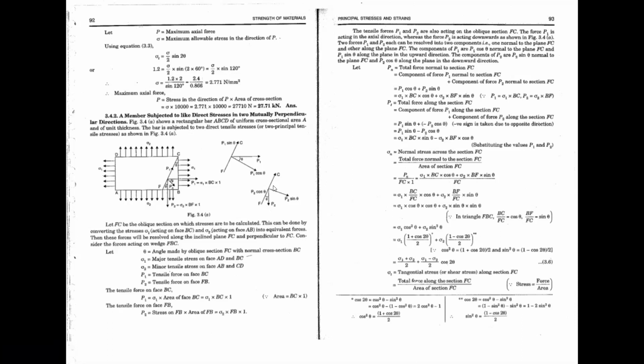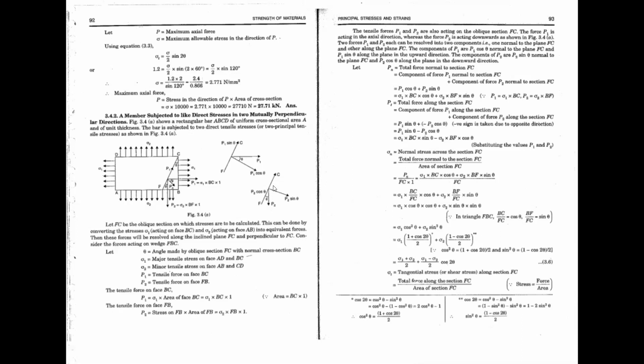Again, I will explain how to get these values. Two forces P1 and P2 are resolved into two components, one normal to the plane FC and the other along the plane FC. The component of P1 is P1 cos theta along the x-axis, normal to the plane FC, and P1 sin theta along the plane in the upward direction, that means along the y-axis.